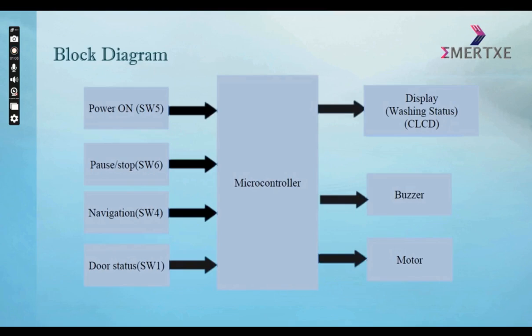Switch 1 is used for door status, whether the door is opened or closed. The LCD display is used for showing the washing status, and the buzzer and motor are also used.